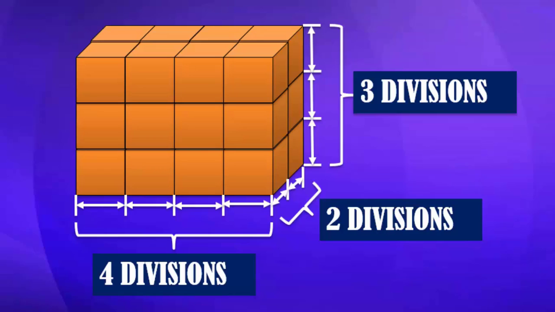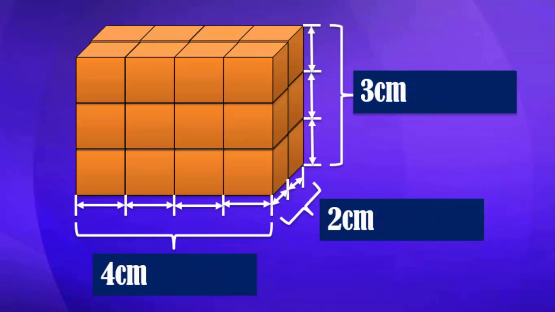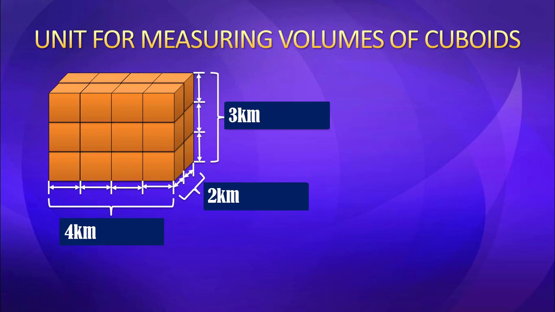So of course, since divisions are what we use in measuring length, we can decide to label the cube in centimeters, meters, or kilometers. Assuming we are to calculate the volume of this particular figure in kilometers, as you can see on the screen, all we simply have to do is to multiply the dimensions.